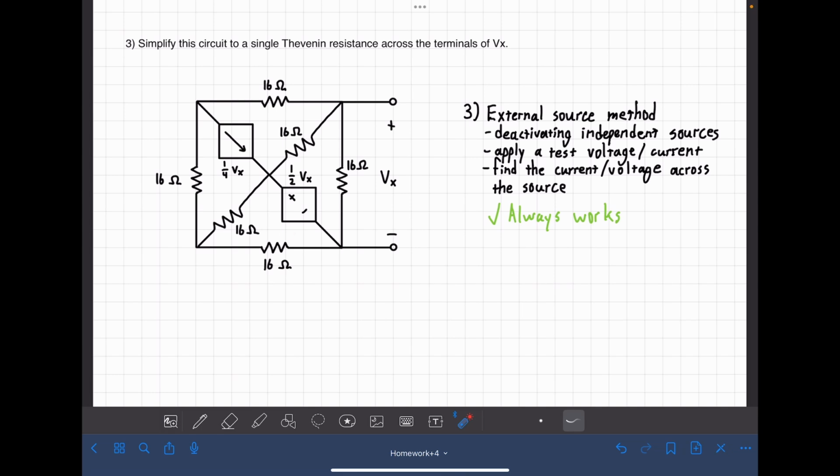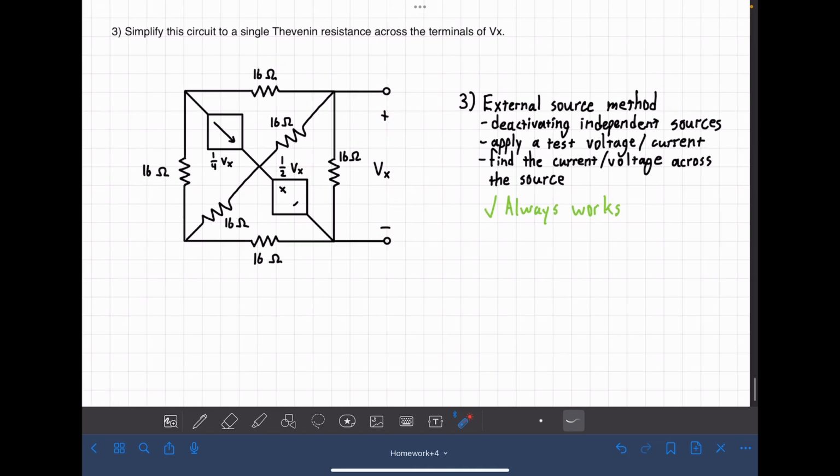We just have two dependent sources. So when this circuit is just left alone, nothing will happen. These won't have a Vx to go off of, it'll just be zero. Everything will have no current, everything will just be zero. So we have no output voltage.